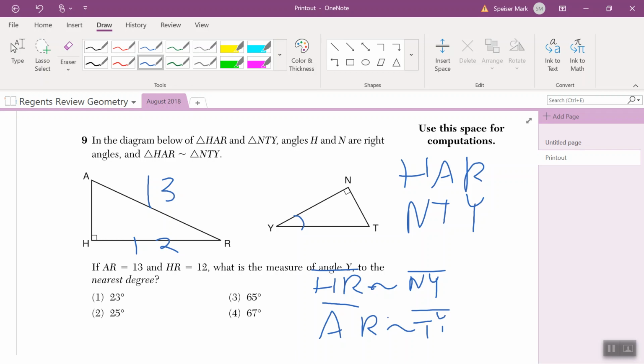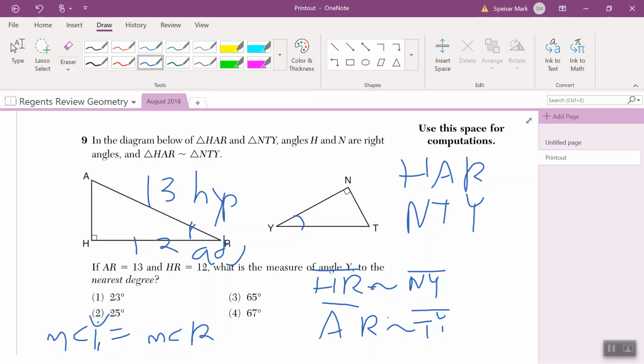So we want to find the measure of angle Y. The measure of angle Y matches with the measure of angle R. So the measure of angle Y must be equal to the measure of angle R, because they are similar triangles. So they have to have congruent angles. So since we have the adjacent side and the hypotenuse, that would be cosine.